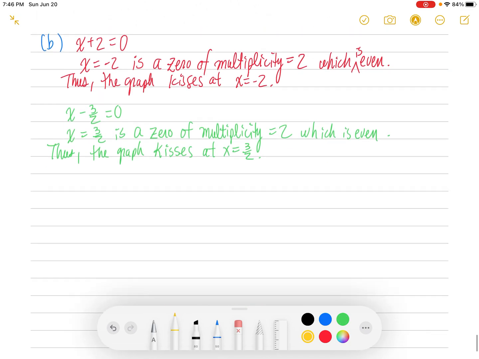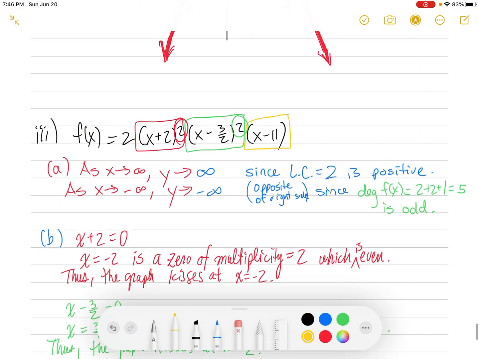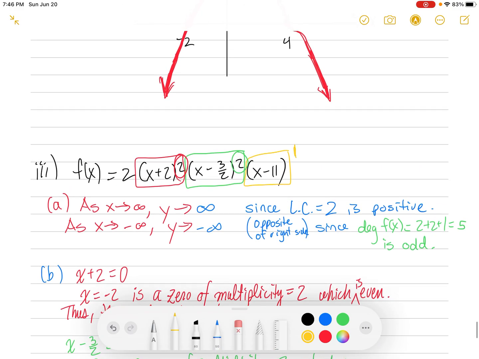And finally, this yellow piece, we take x minus 11 equal to 0. Add 11 to both sides. You get x equals 11 is a 0, or a root, or an x-intercept of multiplicity... What's the multiplicity on this one? Let's go back up and check real quick.